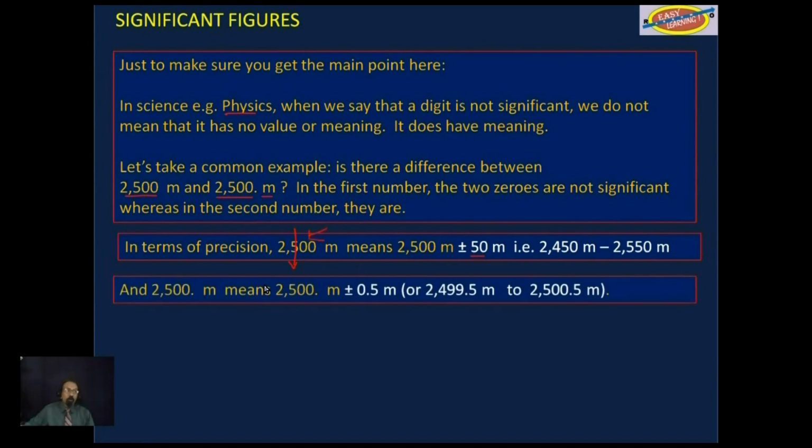Now if you have the point, things are slightly different. What it means is now, instead of that number being uncertain, this number is now uncertain, and that number is in the ones position. So we will take half of the ones position and we get 0.5, and so 2,500 with a point actually means 2,500 plus or minus 0.5.